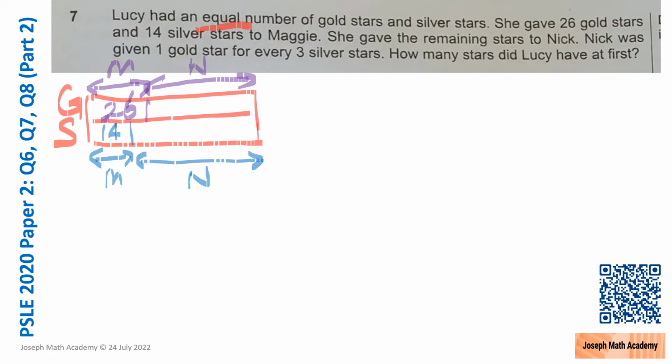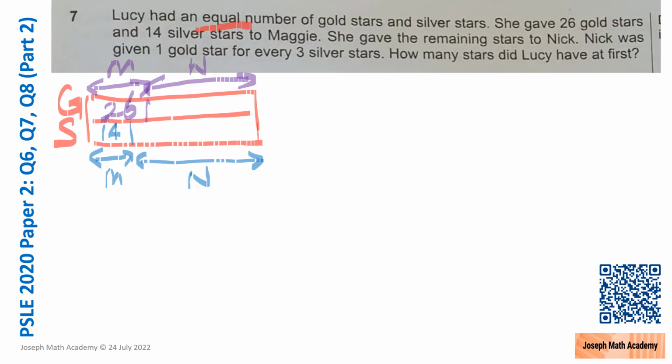Now she gave Nick gold and silver stars in a very interesting relationship. What is it? For every 3 silver stars given to Nick, there is 1 gold star. Let me reread that sentence: Nick was given 1 gold star for every 3 silver stars.